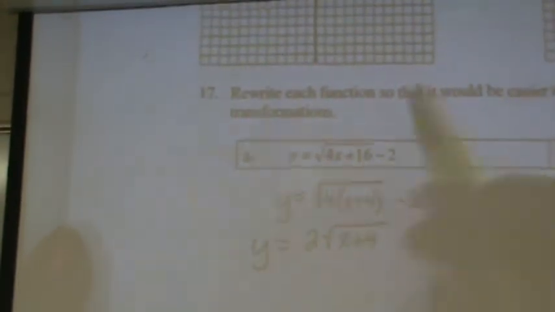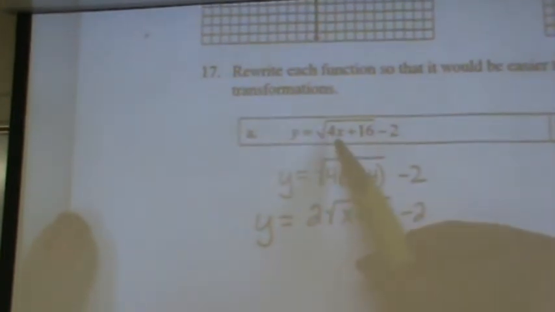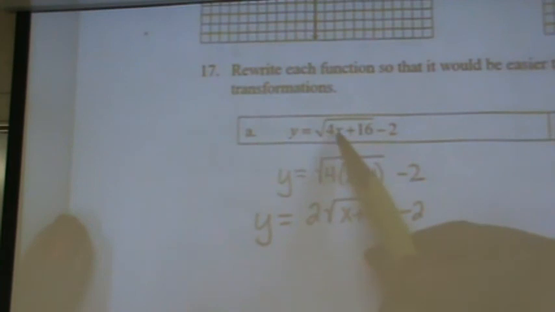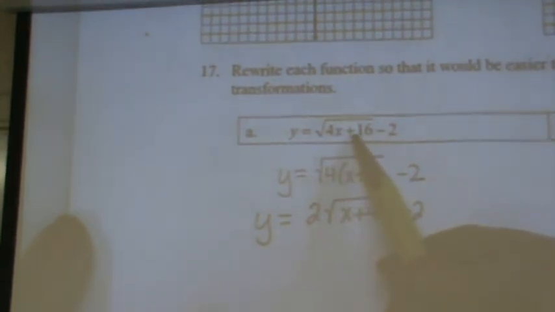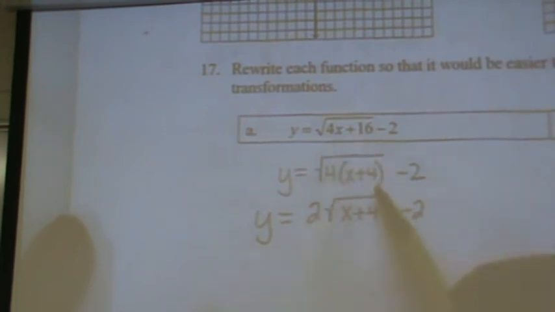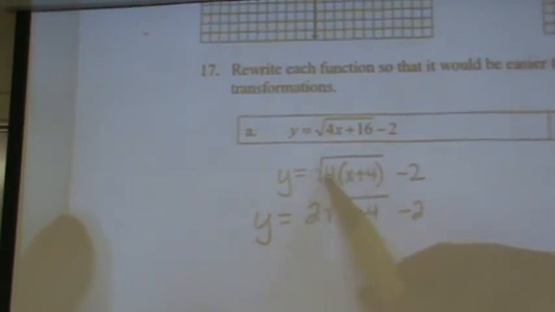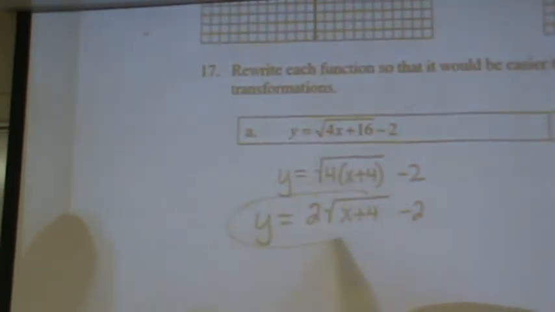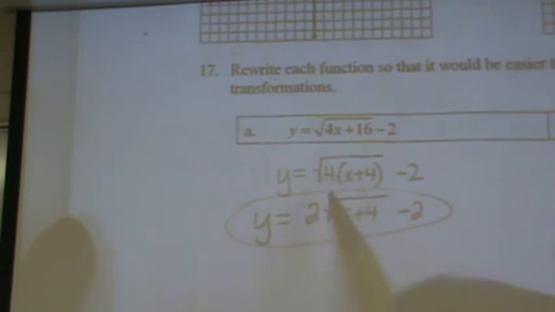Last two. Hooray. For 17, and one of these is on your exam, pull out a 4 here. Everyone paying attention to this, take out the 4, you get x plus 4. Now, can you take the square root of 4? What do you get? 2. So this is what you're going to graph, much easier than this.